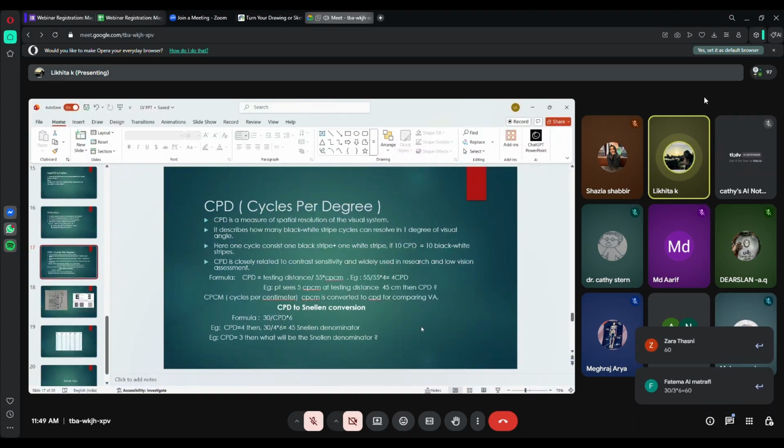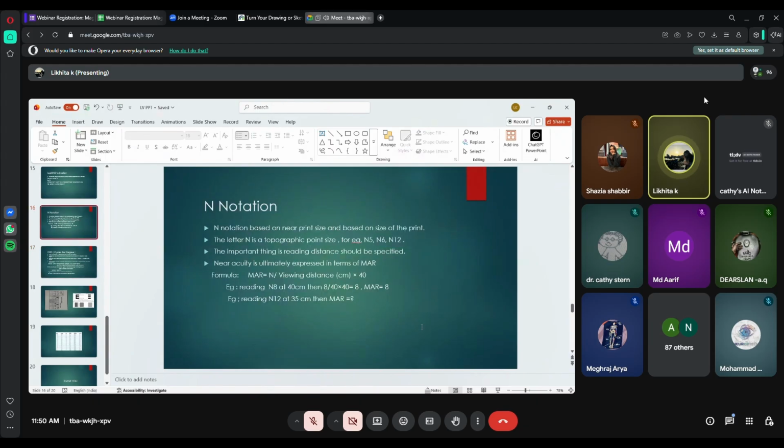The formula is 30 divided by CPD into 6. So if we have CPD 4, then 30 divided by 4 into 6 equals 45 Snellen denominator. Coming to the example question, if the CPD equals 3, then the Snellen denominator will be 60. So the Snellen is 6 by 60 in this particular case.